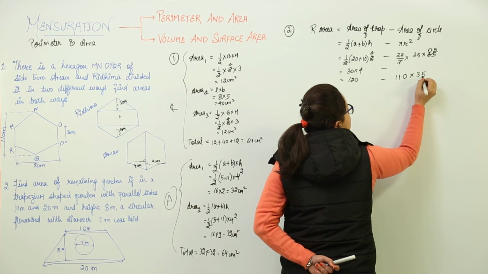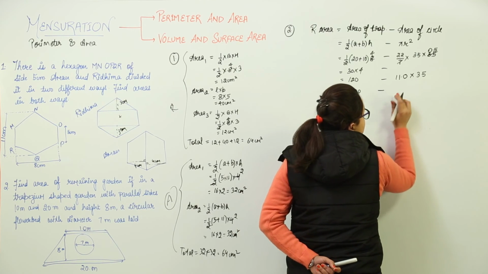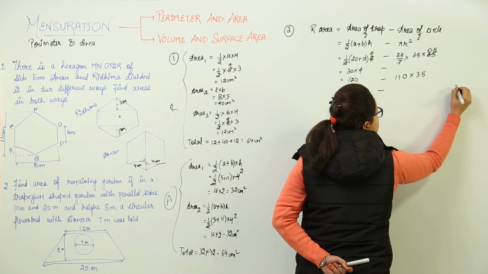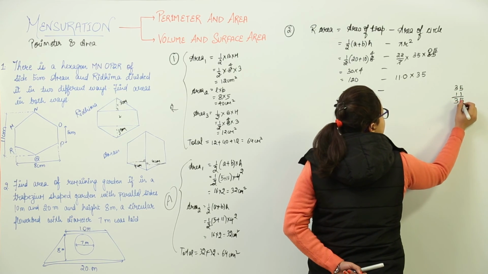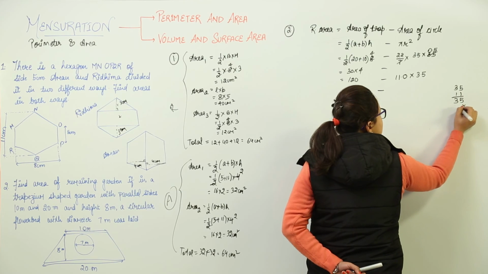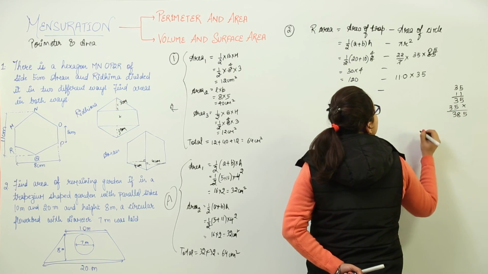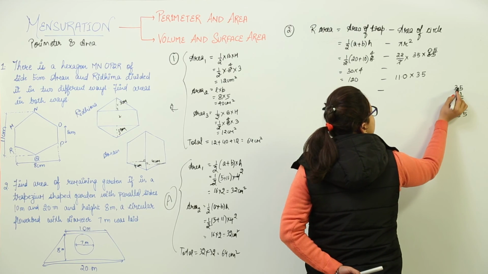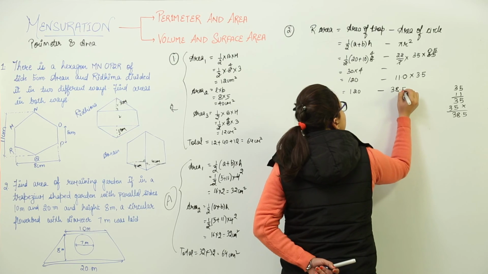So we get this. Now this is equal to 120 minus, what is 35 into 11? Let us solve it. 35 into 11 is equal to 1 5 is 5, 1 3 is 3, then again 5 and 3. We get 385, but we had one decimal point also. So we'll make one decimal point. We get 38.5.